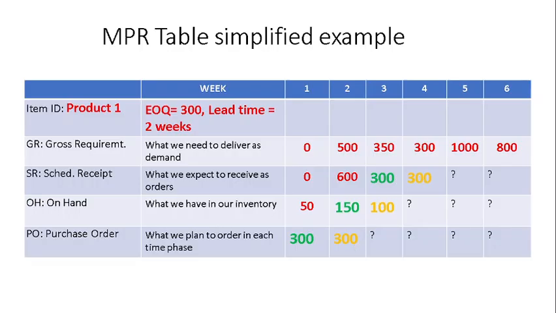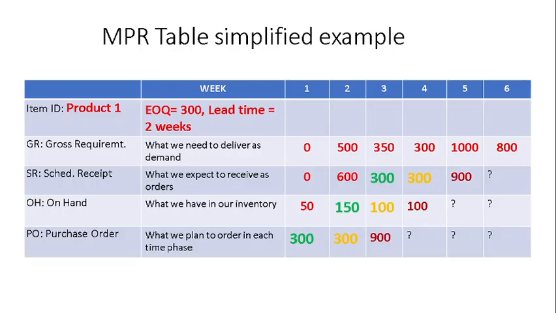I need to follow the economic order quantity, which is the minimum of 300. So in week number 2, I place an order of 300 items, and those will be delivered at week 4 in order to fulfill my delivery need. As you can see here, the orange cells follow the same approach.